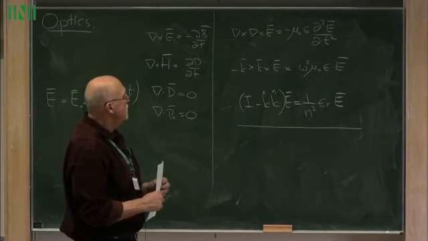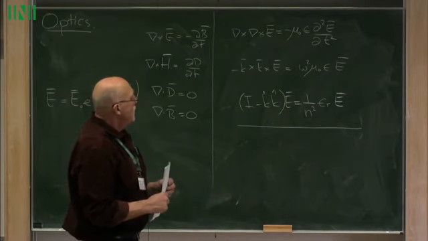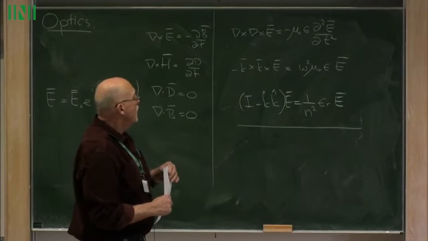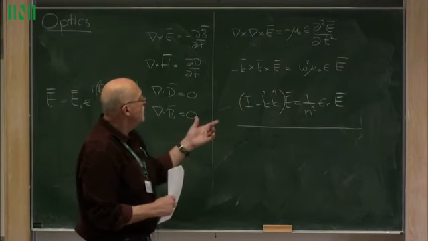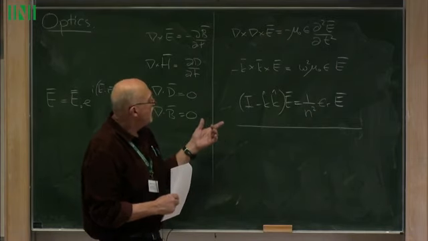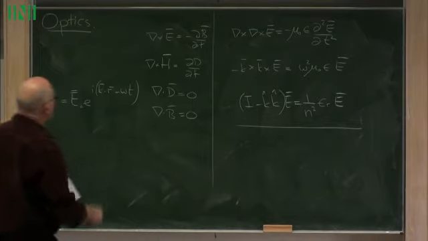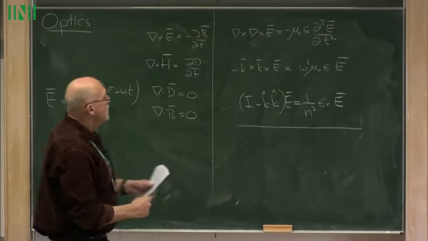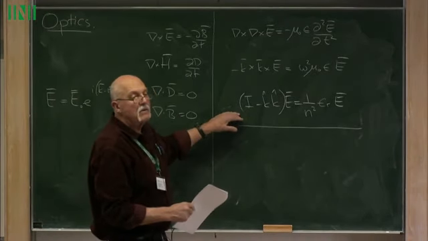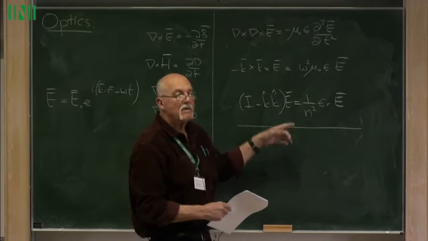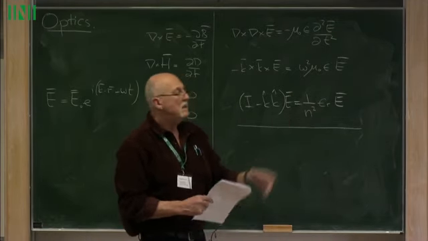So we could look for solutions. One solution is kind of obvious. If the electric field is along k, then this side will go to 0. And so that means that this side must be 0 and n must be infinity.